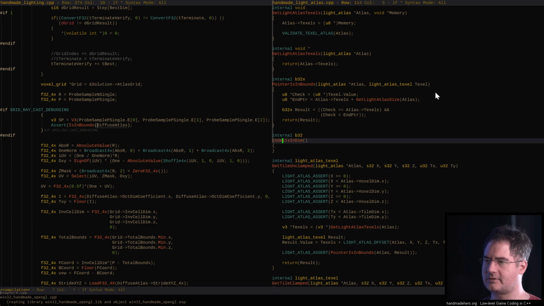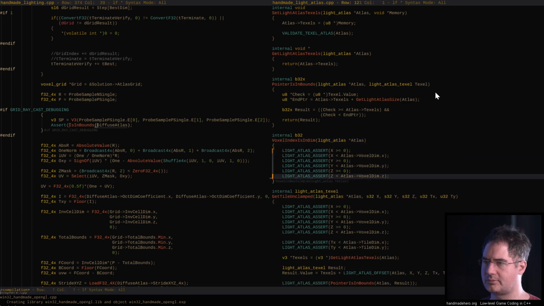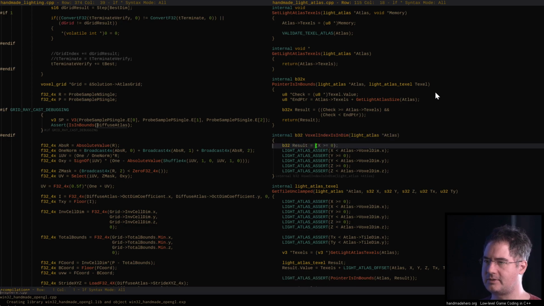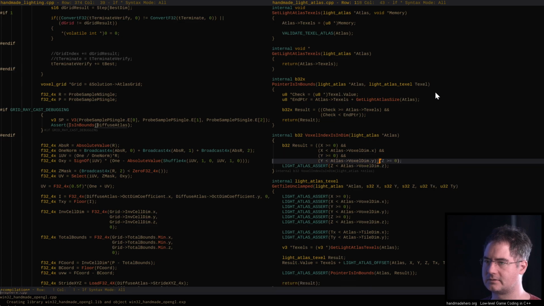So we could do something like voxel index is in dimension, and put this in there so that the checks for each one being inside would be something you could call elsewhere.